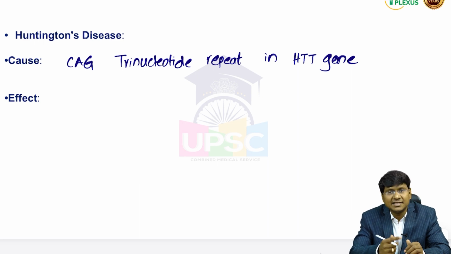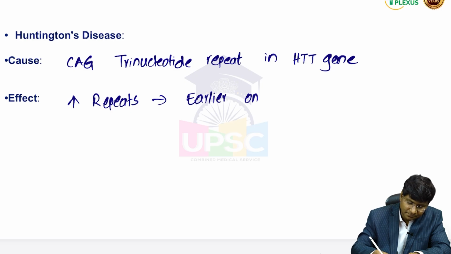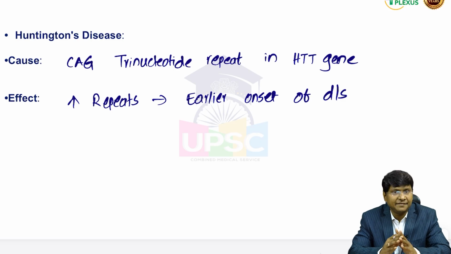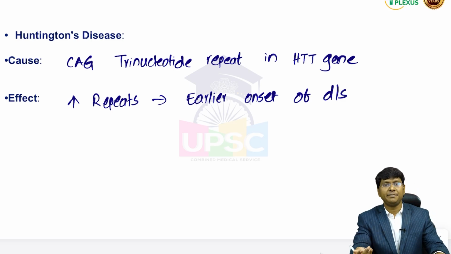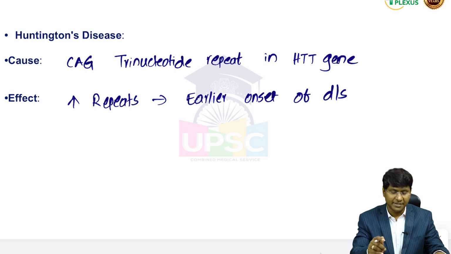The greater the number of repeats, the earlier the onset of the disease and the more severe the symptoms. So that will be the effect of the more number of repeats, that is expanded CAG trinucleotide repeat.